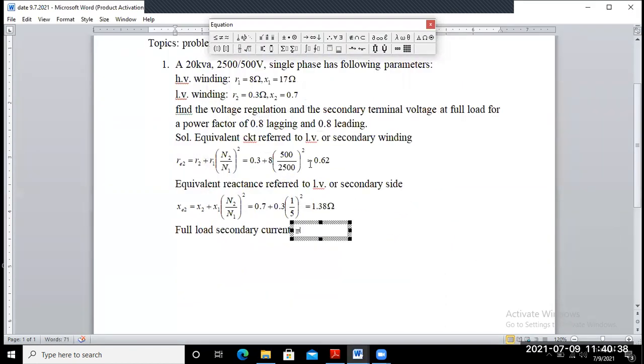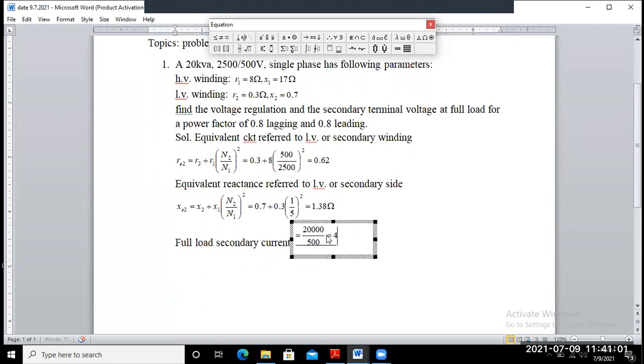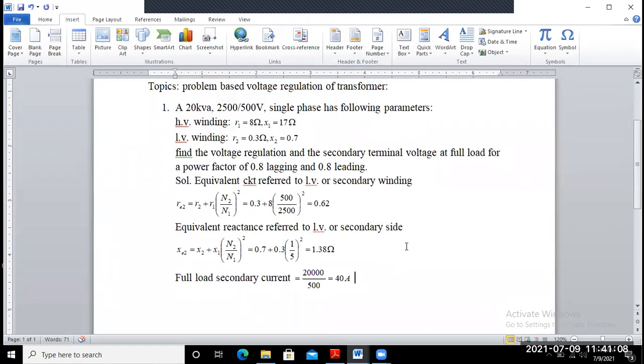So just simply power rating divided by the voltage. That is equal to how much? 40 ampere.